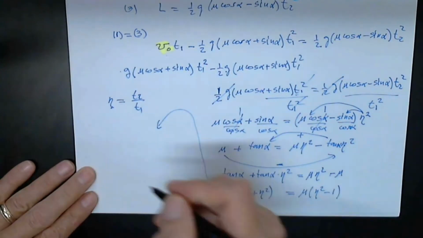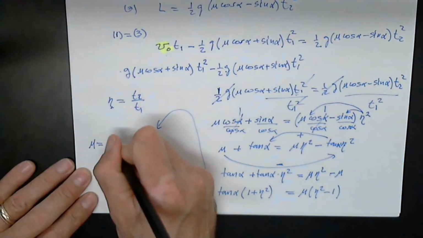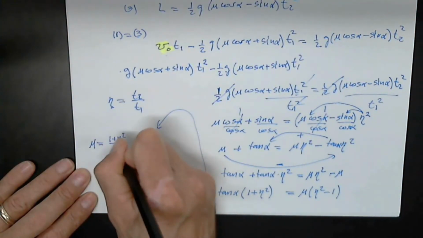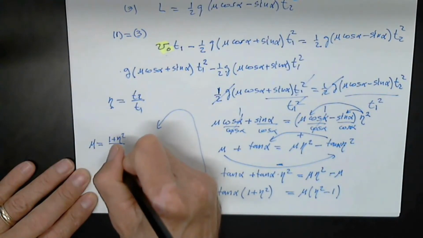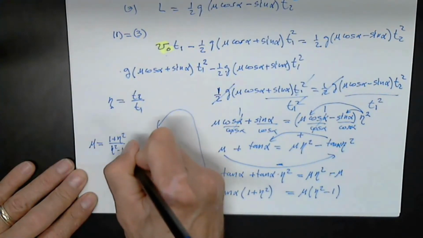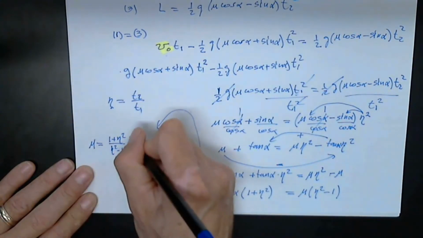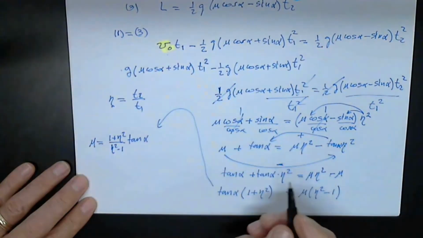I think I have space now, so the coefficient of friction is mu squared plus 1 over mu squared minus 1 times tangent. Let me rearrange it.